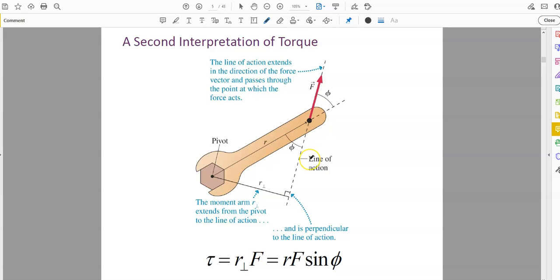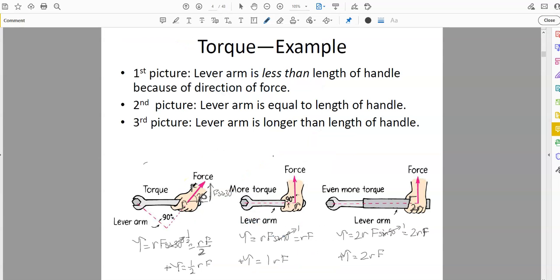There's an alternate interpretation, I guess. You don't have to necessarily take this force F sine of 30 degrees, the perpendicular part of the force.